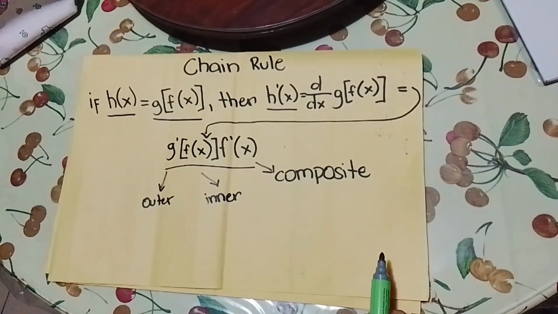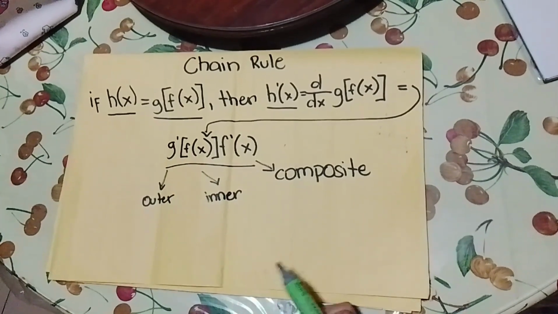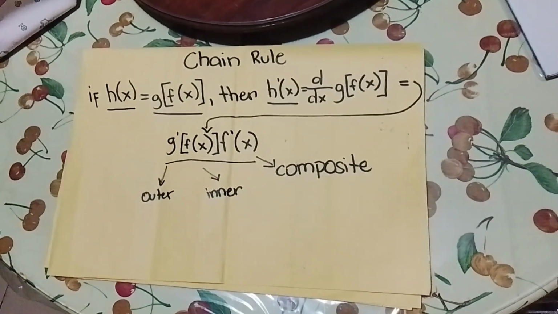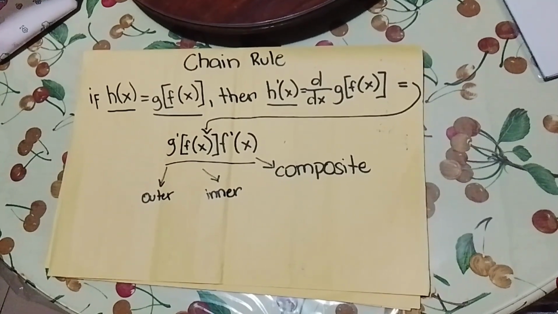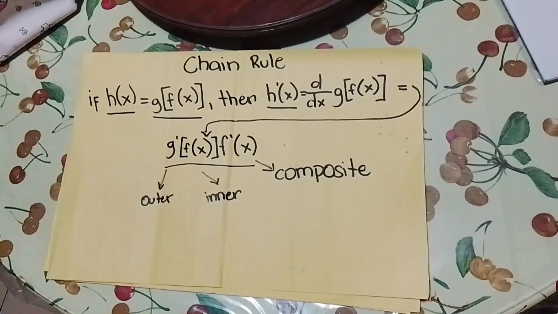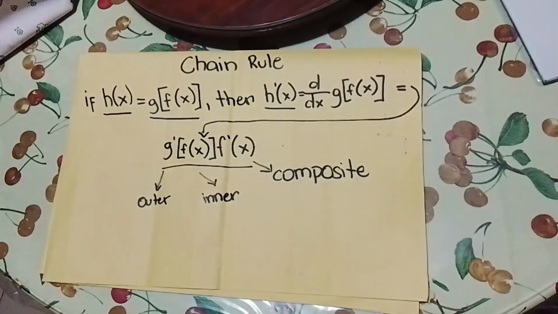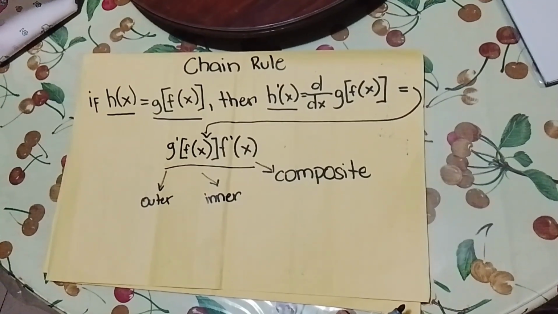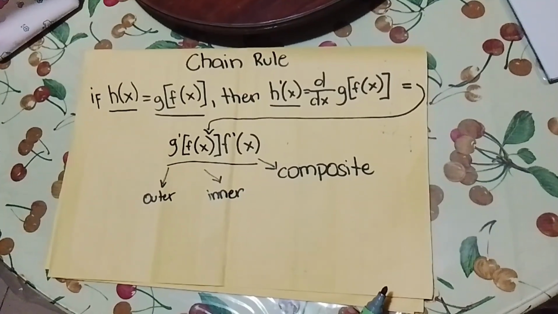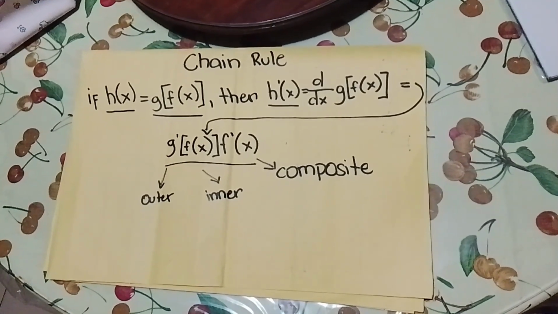Our outer function is g and our inner function is f of x. To get the derivative of the composite function, you have to get the derivative of the outer function times the derivative of the inner function. We call it the chain rule because after we solve the outer function, we can chain it, or multiply it, to the inner function. So, that's it.